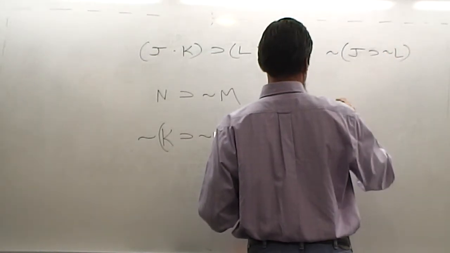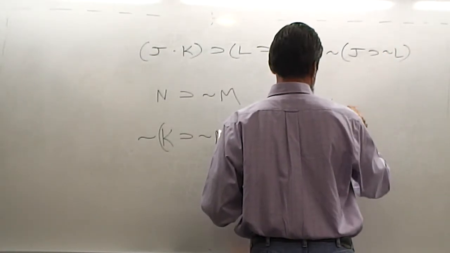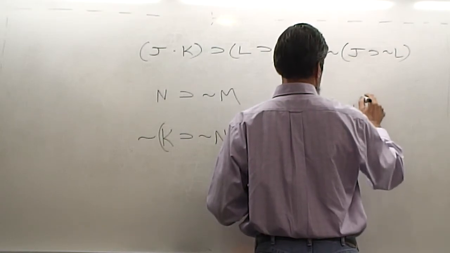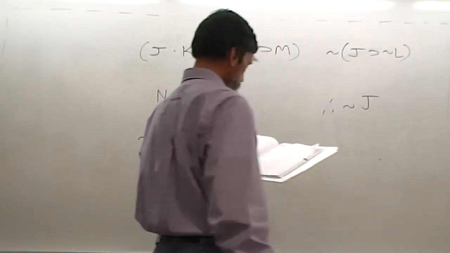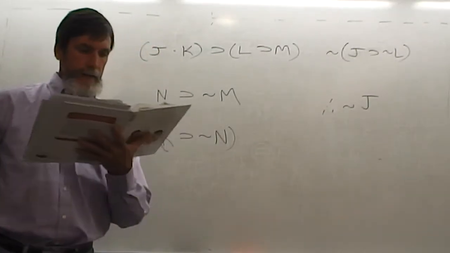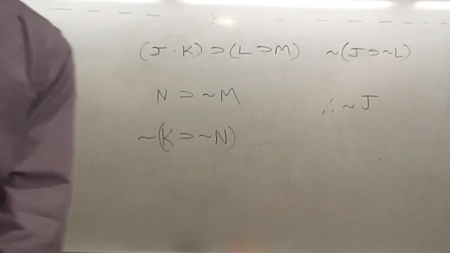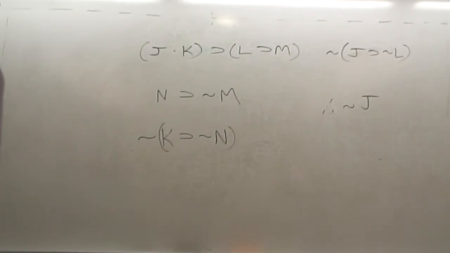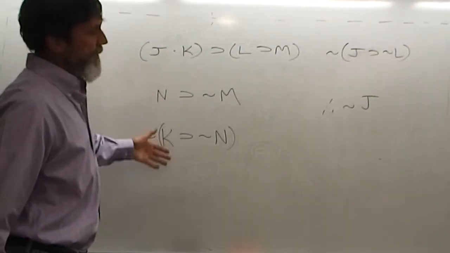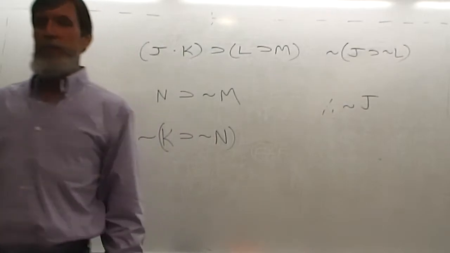Somebody who has a book, make sure I'm copying this right. Guys, J's look a lot like I's. So that's first premise, second premise, third premise, fourth premise, conclusion, right?